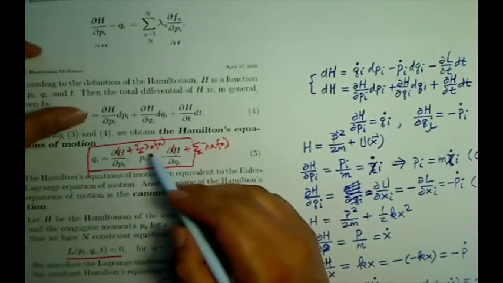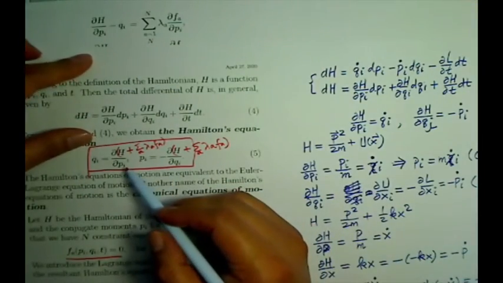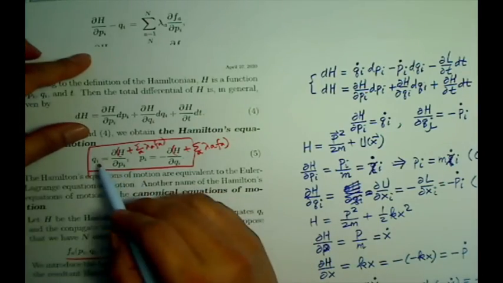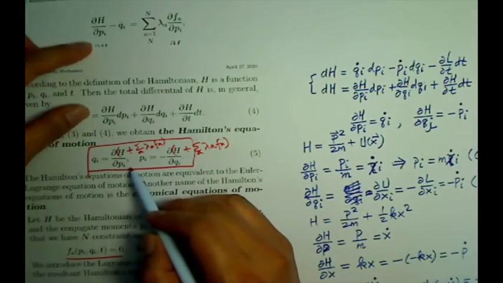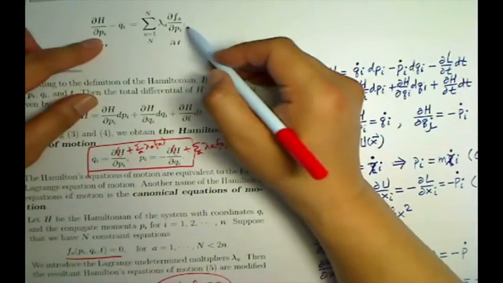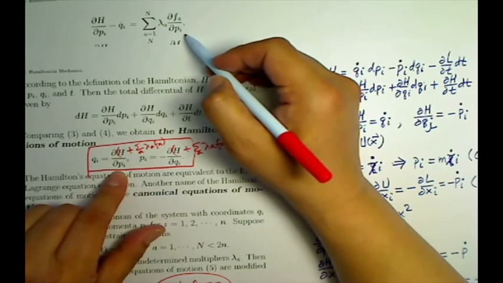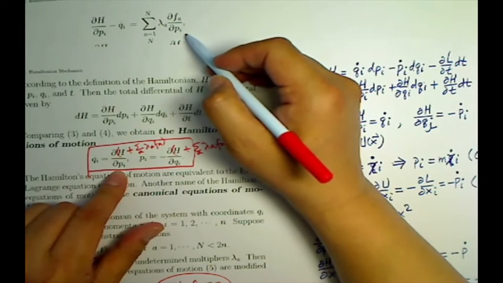By adding this, we can modify the equation. This one becomes this one. Differentiation is with respect to pi.